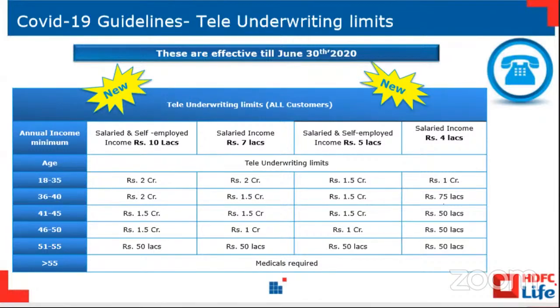Let's take an example. A person is 40 years old. He has a salary income of 4 lakhs. So up to 75 lakhs is eligible for tele underwriting. If he takes cover of more than 75 lakhs, he has to go for physical medical as per the table given here.